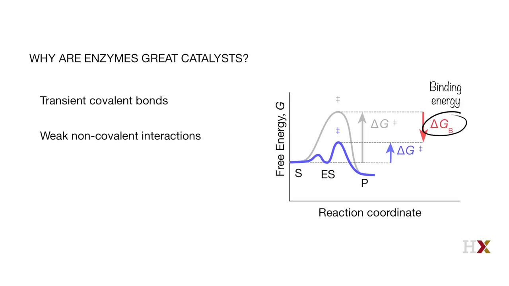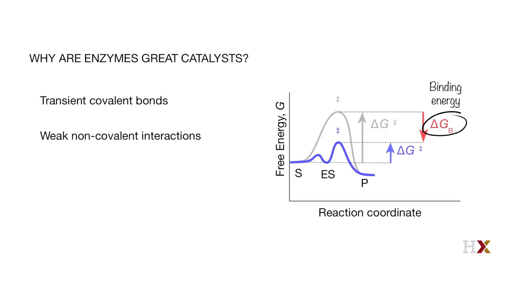Now we can determine the impact of the binding energy to the decrease of activation energy. Usually, a decrease of the activation energy by 5.7 kJ per mole results in the increase of the rate of the enzyme by tenfold.